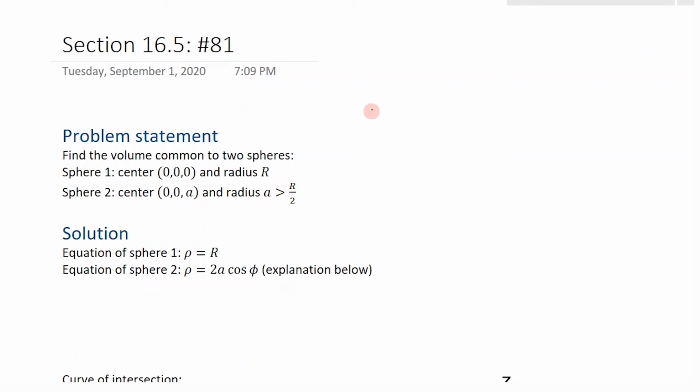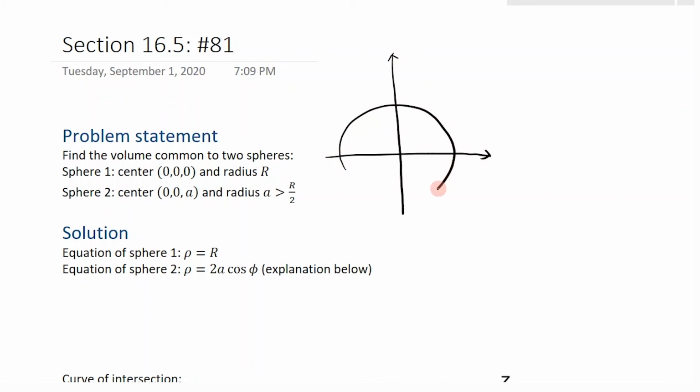Let me sketch a YZ trace of the situation, and also a full 3D drawing. In the YZ trace, we have one sphere of radius r.